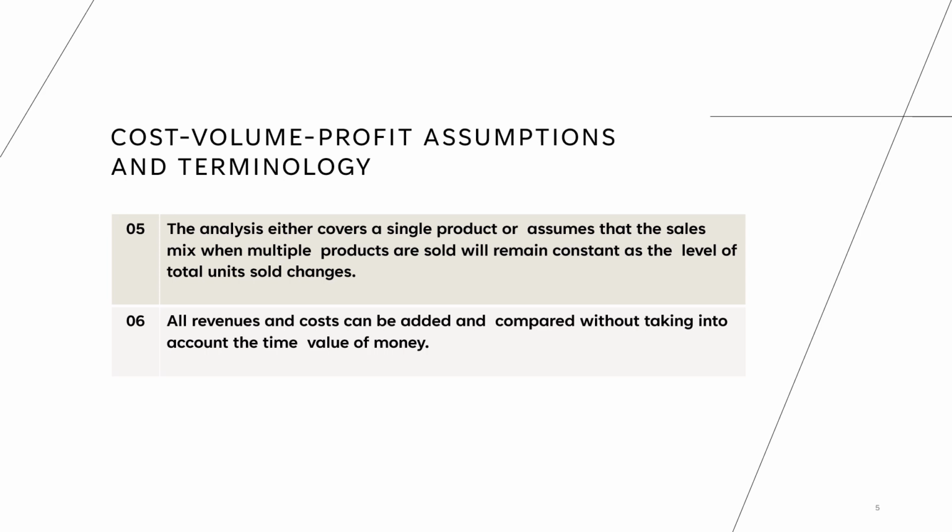In the other assumptions and terminology for the CVP, the analysis either covers a single product or assumes that the sales mix, when multiple products are sold, will remain constant as the level of total units sold changes.